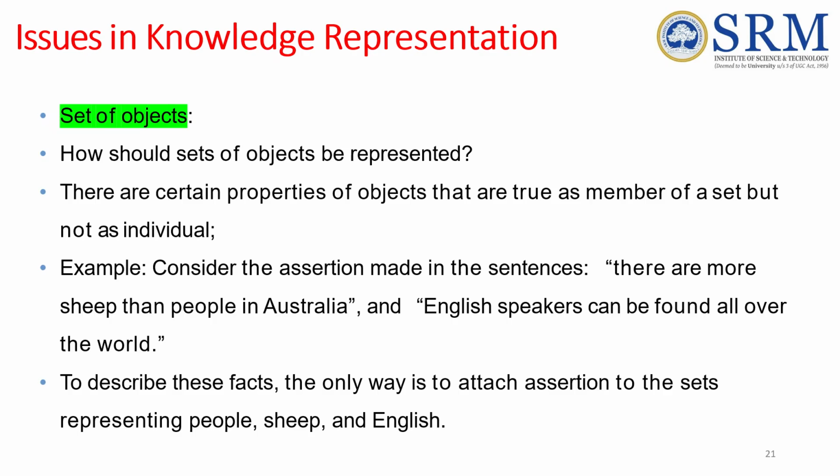So why is set representation important? First, it represents group properties. Some facts make sense for a collection, supporting statistical information such as totals, percentages and comparisons, and enabling better reasoning about populations, categories and groups.